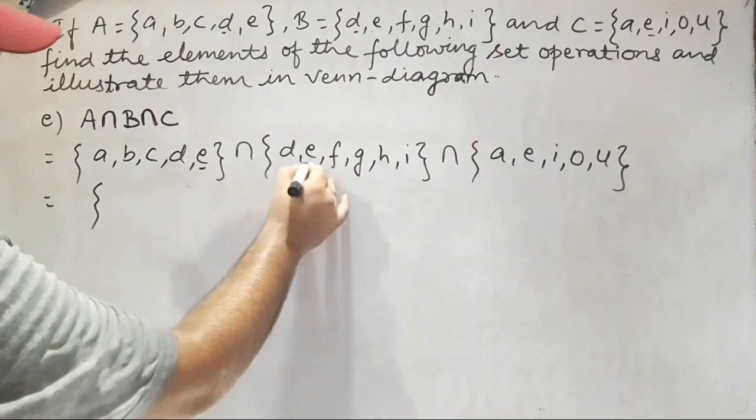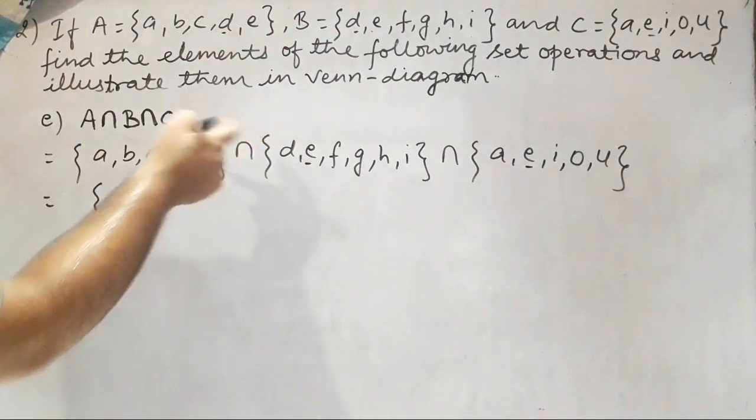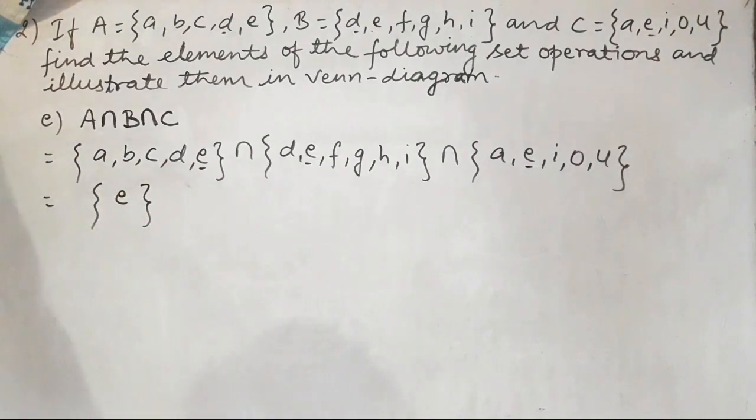We can see that only the element E is common among these three sets. So A intersection B intersection C equals E.